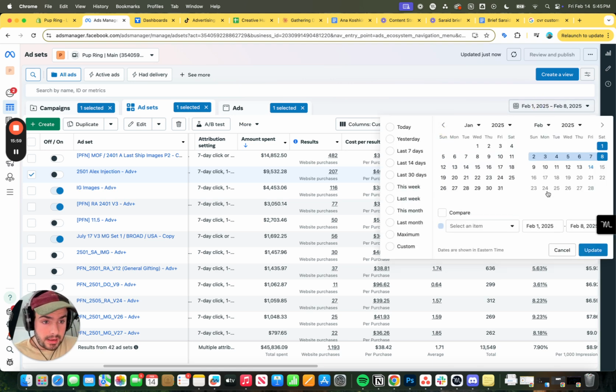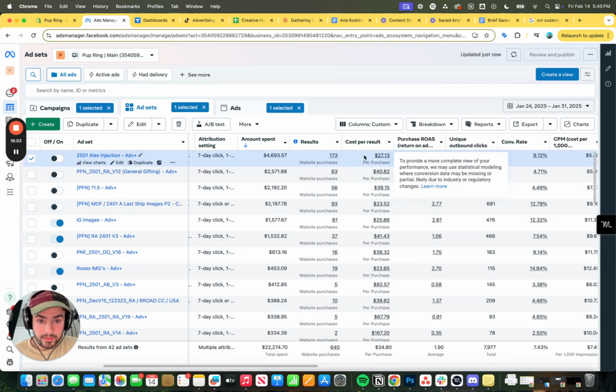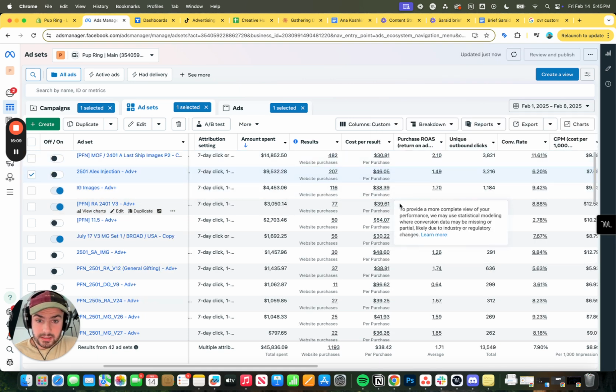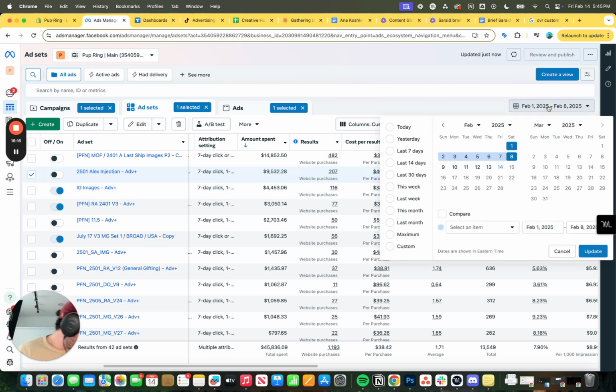So you can see that previously this creative was kicking butt, right? It was doing a 2.5 ROAS, $27 CPAs, and then the next week it was performing significantly worse, right? It was $46 CPAs, 1.4 blended ROAS.